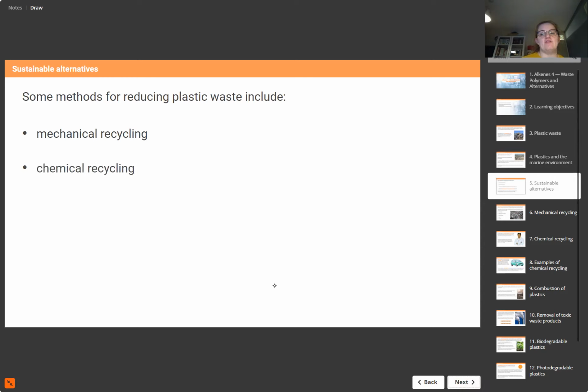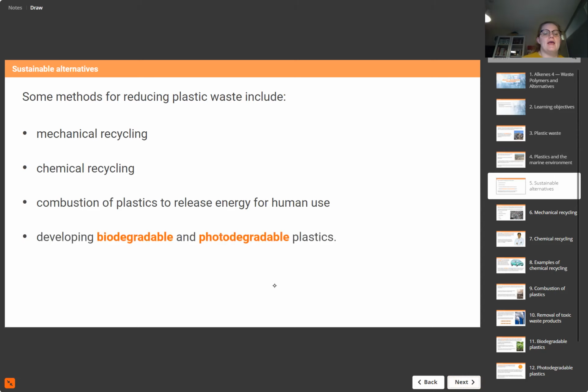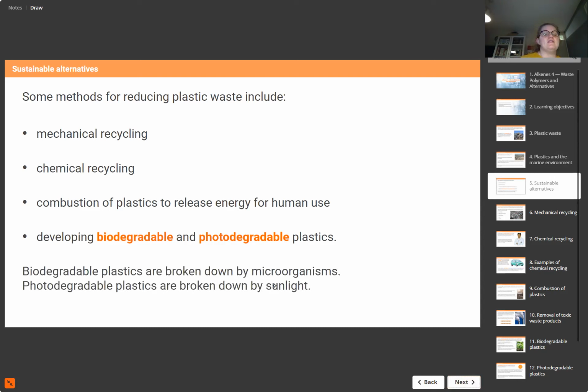Chemical recycling, and there's quite a bit of difference between the two. Combustion of plastics to release energy for human use. And then finally, developing biodegradable and photodegradable plastics.